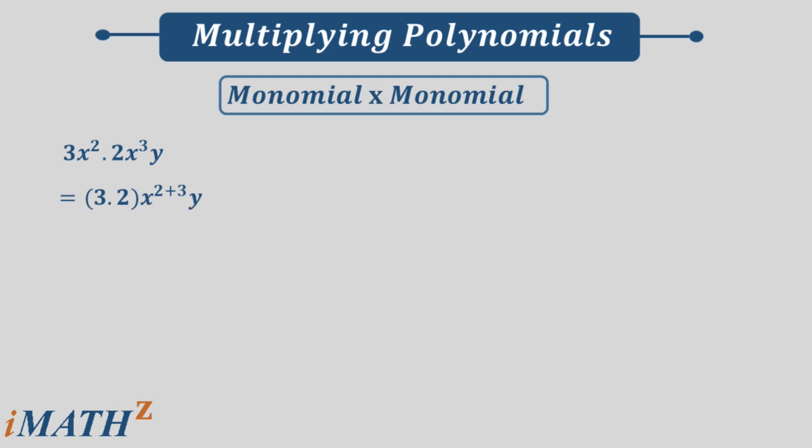If you have difficulty understanding what was done with the y, you could think of 3x squared as having a y to the power 0, which isn't shown. Because y to the power 0 is equal to 1, the final y can be thought of as coming from the multiplication rule.